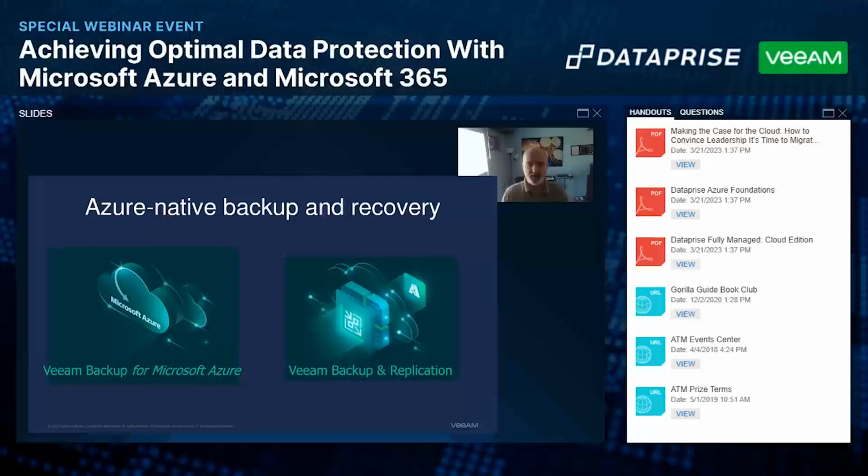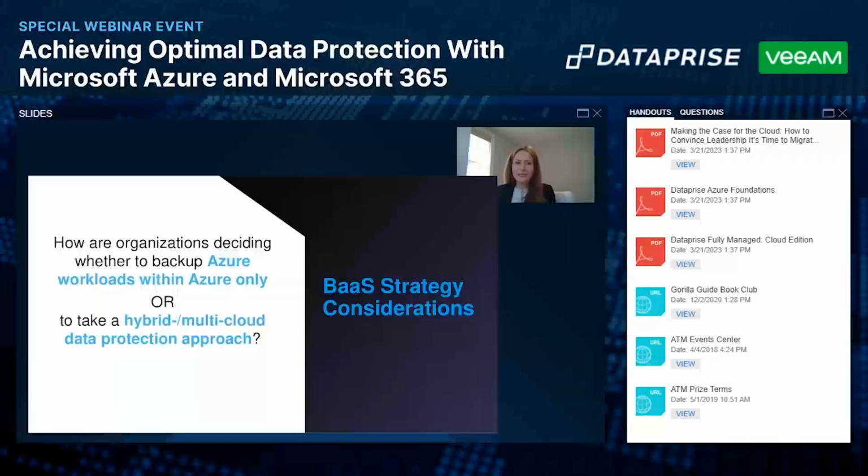So now that hybrid approach not only works for my running workloads, but for my backup as well. I can take advantage of Veeam Backup for Azure with Veeam Backup and Replication and have the ability to manage it, monitor it, and recover across various platforms when I combine the two together. That is a pretty powerful dynamic.